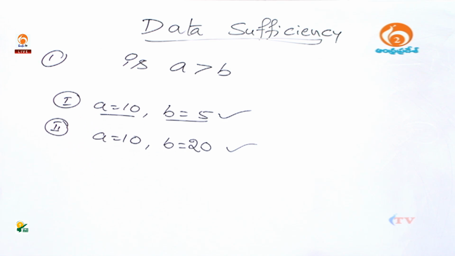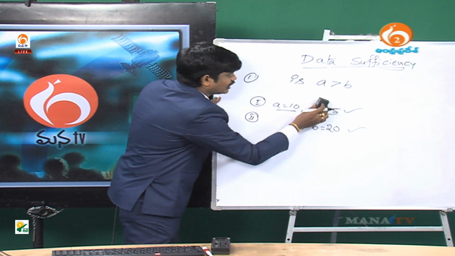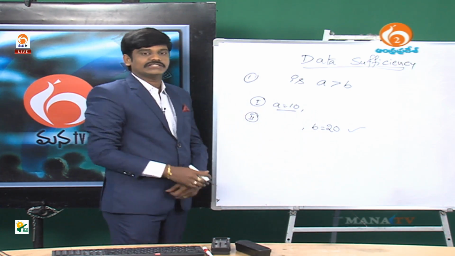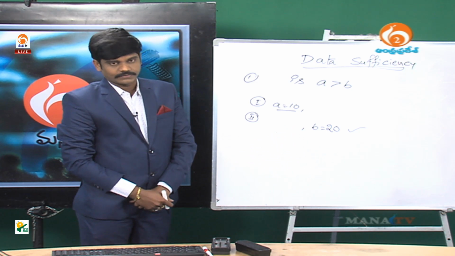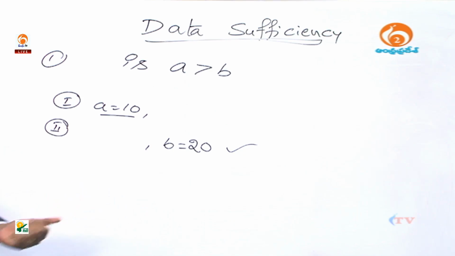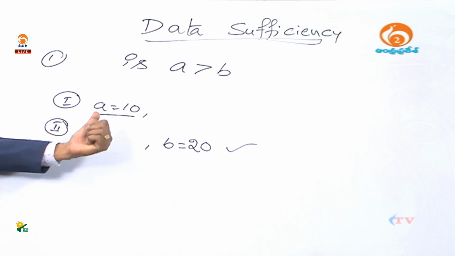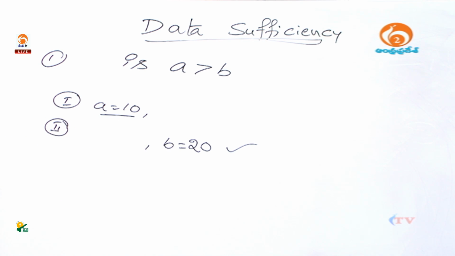For example, another example: from the first condition they give A value as 10, and in the second condition they give B value as 20. By using A and B both together you can conclude the given question. From the first condition you can take the value of A as 10 and from the second condition the value of B as 20.